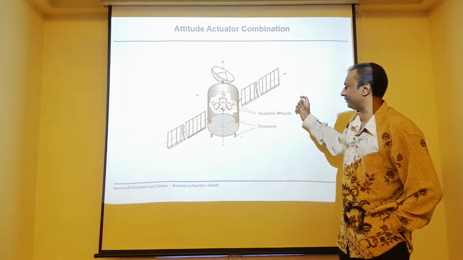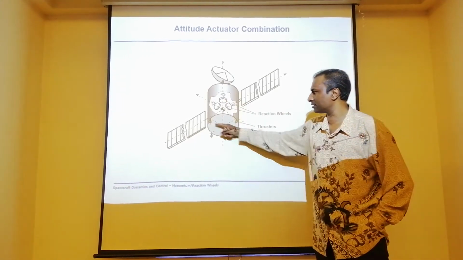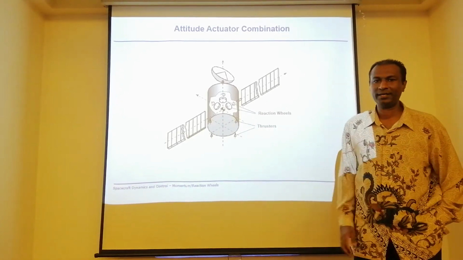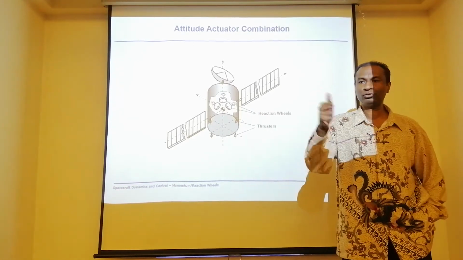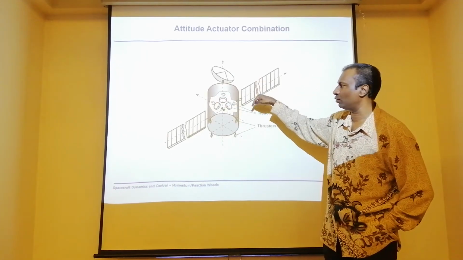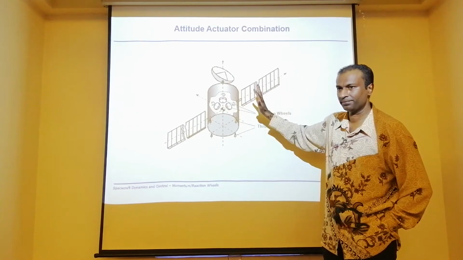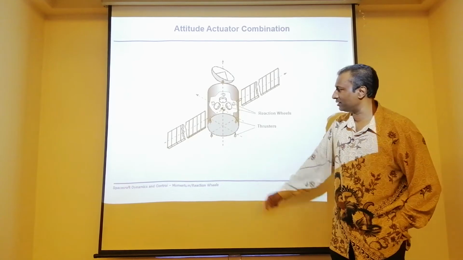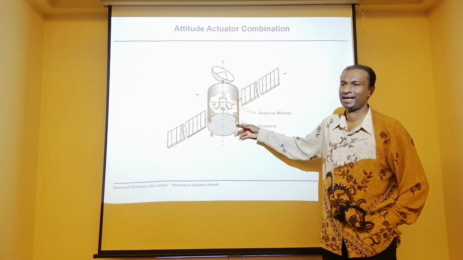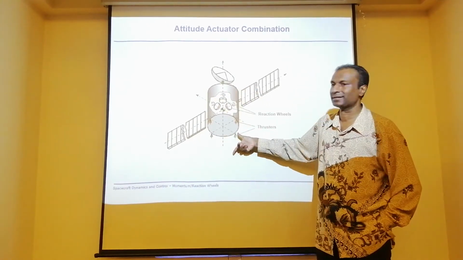Now let's say I have a reaction wheel. Let's say I have 3 reaction wheels. I have thrusters. By looking at this combination, I know this satellite should be able to do attitude control, because I have 3 wheels in roll, yaw and pitch, and I know for a fact it should be able to do orbit control because it has thrusters, rotational motion, translational motion.